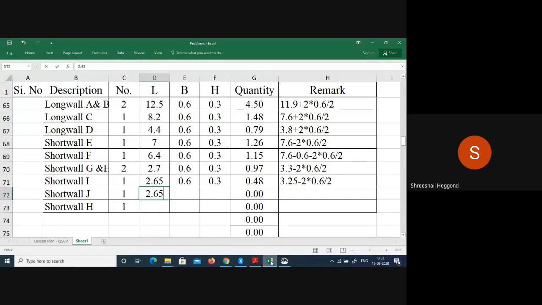This length will be also same as the I. Therefore, quantity you can write, H is center to center is 4.3 minus in between one wall you have to deduct, minus 2 into 0.6 divided by 2. That can be deducted as 4.3 minus 1.2, 3.3, 3.1, and 6.3.